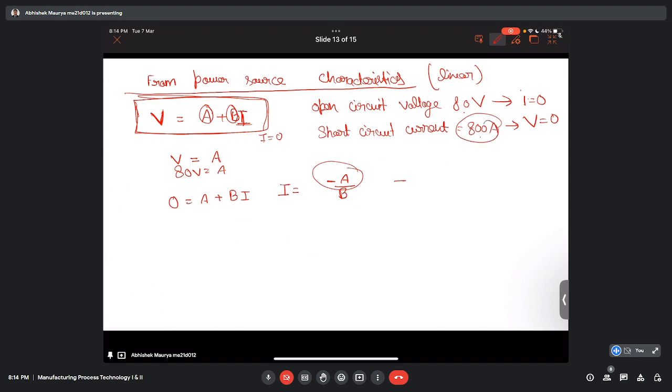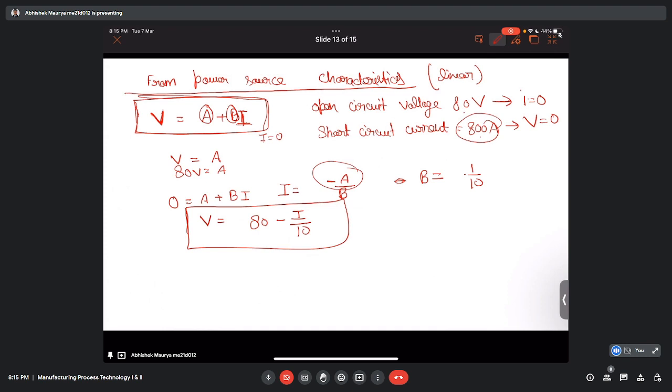From there we can calculate B. So B comes out to be 1 by 10. And if we substitute A and B, the linear relationship we get for the power source is V equals 80 minus I upon 10. So this is the equation which governs the characteristics of our power source.